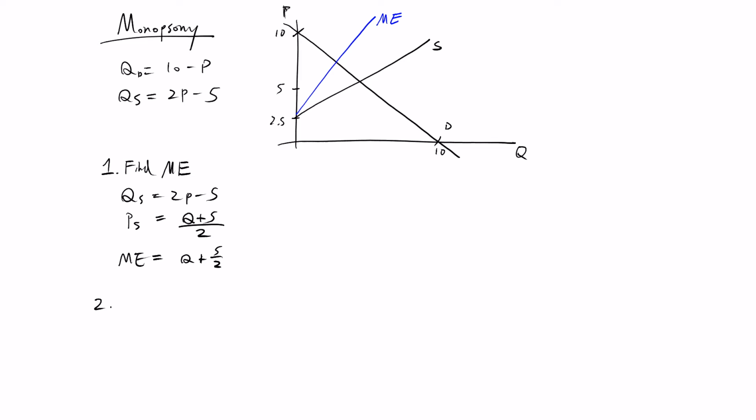Then you need to equate demand to marginal expenditure. But once again, notice that demand is expressed in terms of Q equals 10 minus P. You need it the other way around.